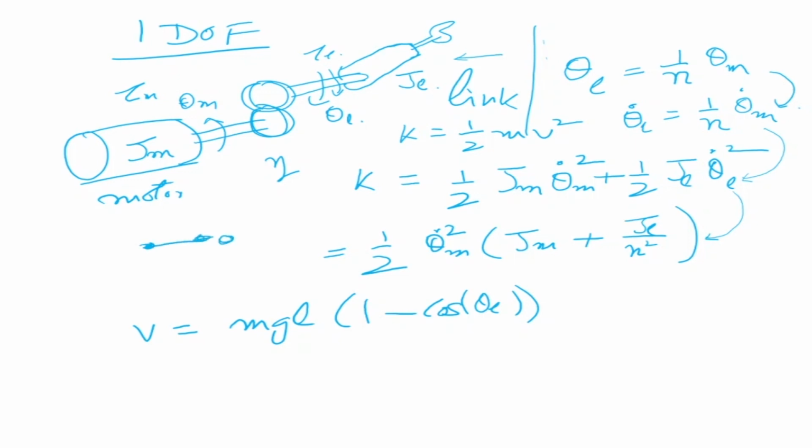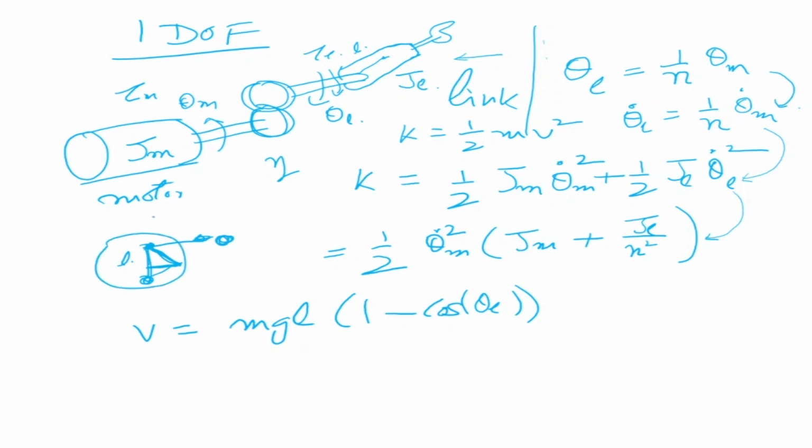If I take horizontal to be 0, that is not right. The 0 is down here. If this length is L, how much has it gone up from this position? It is L minus L cos theta.